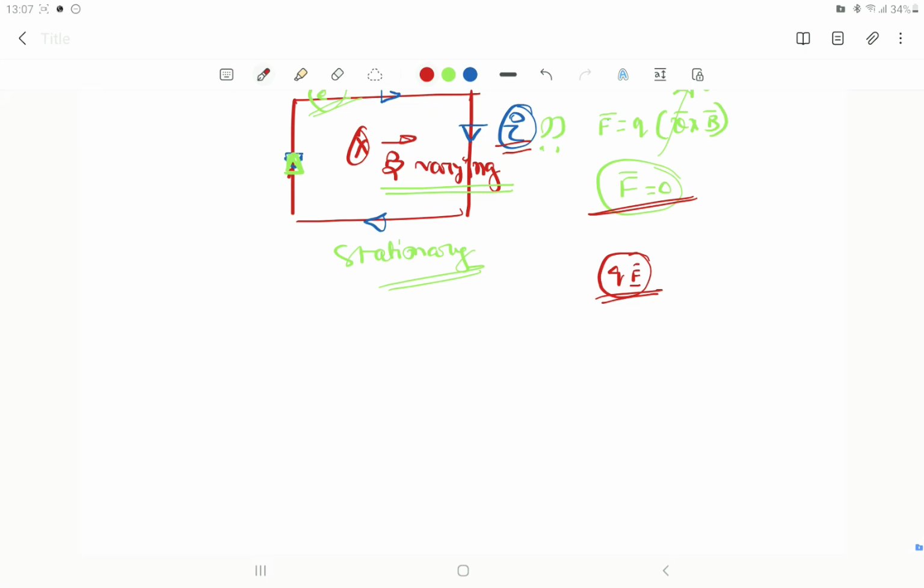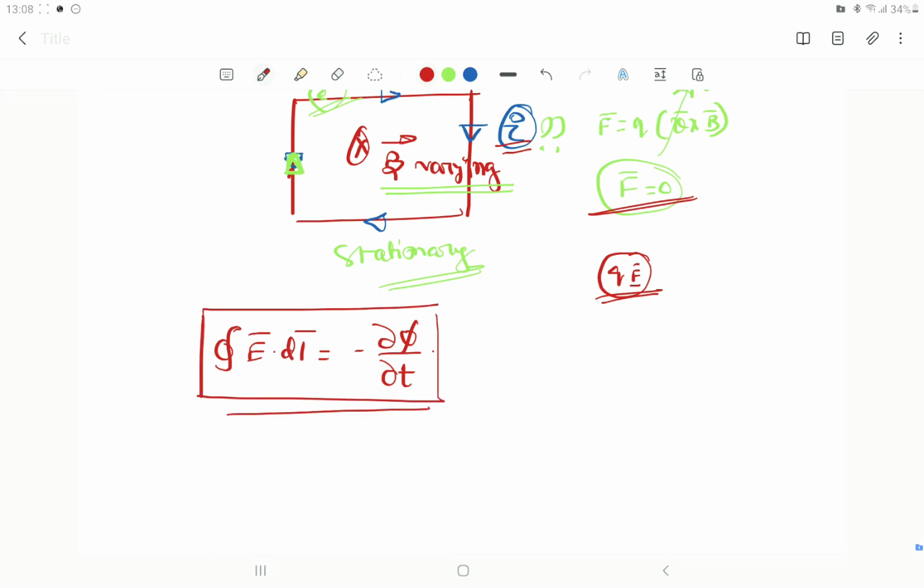Now, according to Maxwell, an electric field is being set up by a varying magnetic field. I think you know this equation.